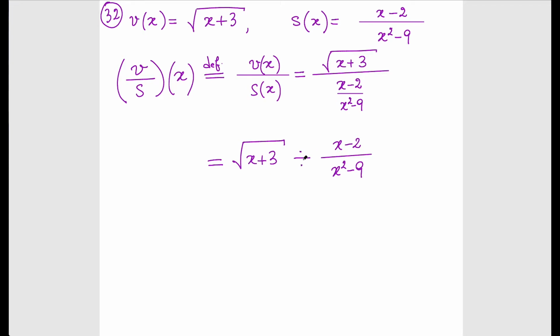It's division, right? Between numerator and denominator. Very good. Now, division means multiplying by the reciprocal of the thing, right? So instead of writing division, I'm going to write multiplication by the reciprocal of this guy. And what's the reciprocal of this guy? It's X squared minus 9 divided by X minus 2, right?